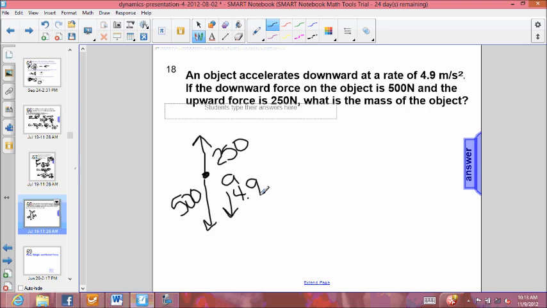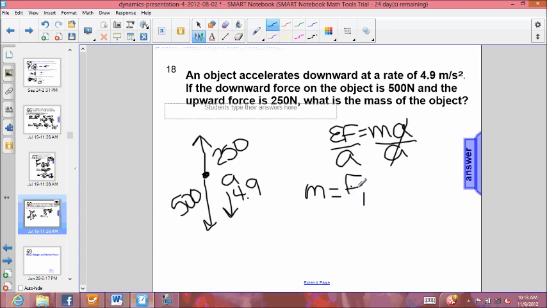We want to look for mass, so we've got sigma F equals ma, and to get our mass by itself, we have to divide by a. So now mass equals the sum of our forces, F1 plus F2, over a. Now we just have to plug them in.